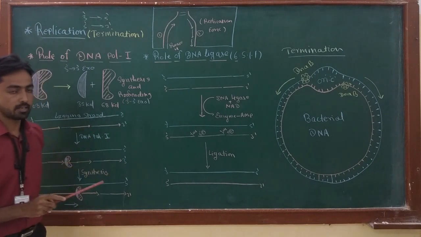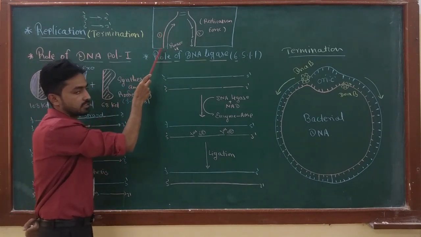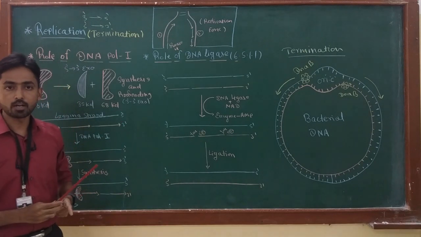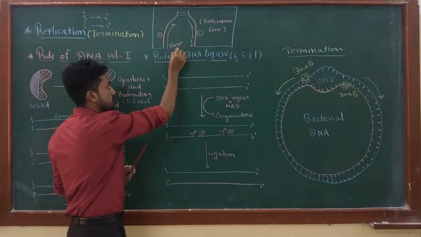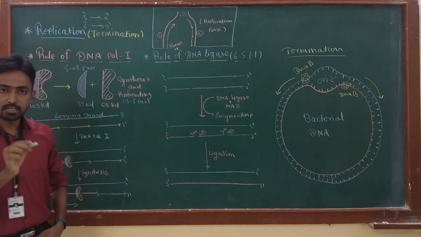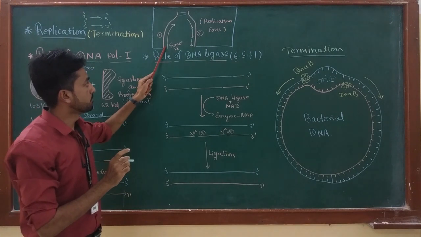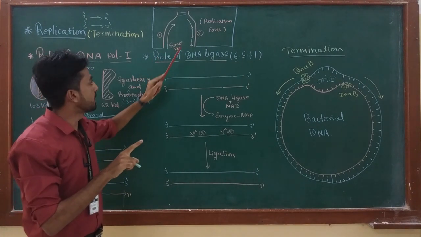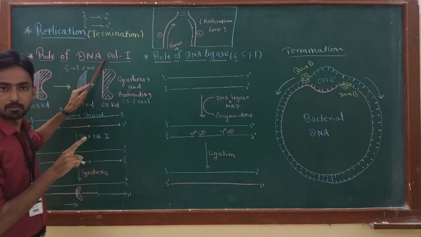First thing I have to clarify here is that the primer present on the leading strand is removed by a special enzyme called RNase H. Here you can see, capital R N A S E H. RNase H is the enzyme which removes the primer from the leading strand, while the primer from the lagging strand is removed by DNA polymerase 1.